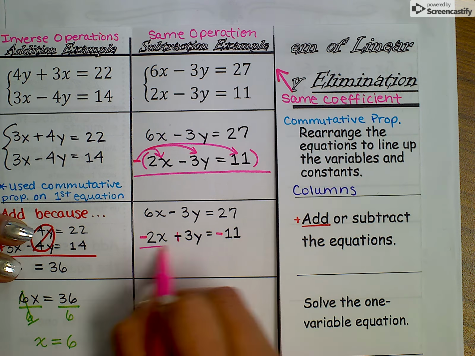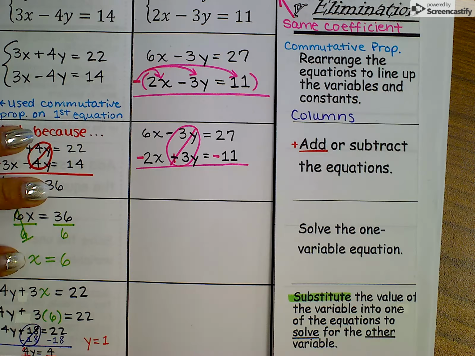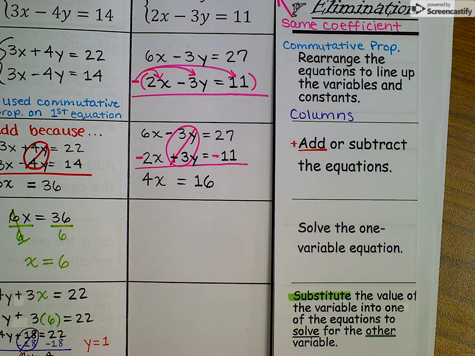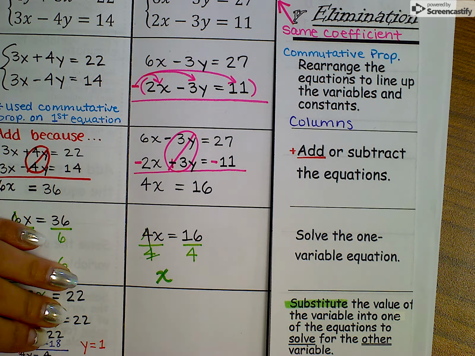Now, obviously, this will eliminate the y's and bring everything else down, and you're left with 4x is equal to 16. Obviously, we're going to solve the one variable equation now, just as last time, using division to get x alone. And 16 divided by 4 gives you, of course, 4.